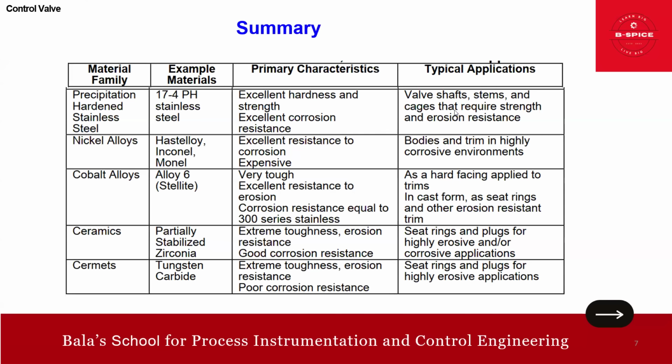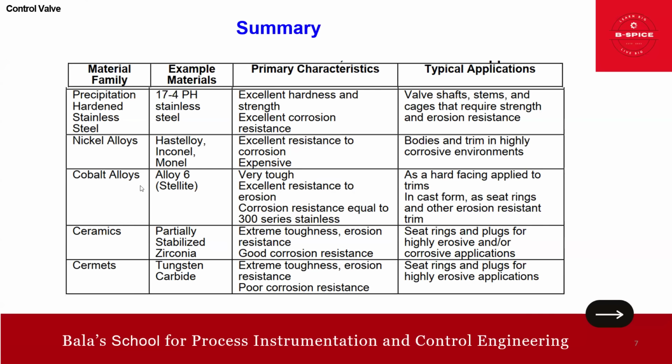So we can use this for valve stems and gauges that require strength and erosion resistance. Then we have nickel alloys, which are very, very superior: cast alloy, Inconel, Monel. All of these have excellent corrosion resistance, but are a bit expensive, of course. We can use this for bodies and trim in highly corrosive environments.